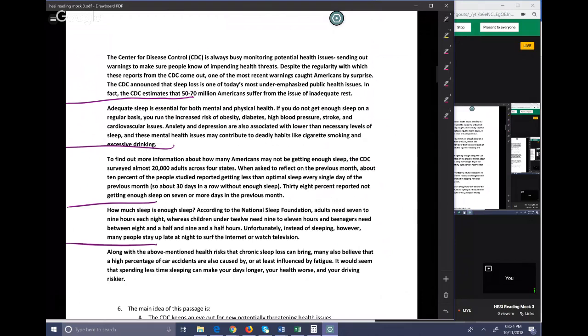I also wrote one of the biggest. So I felt like from reading their intro, I got a little bit of an understanding of who the CDC is, but that's not the main idea. And essentially they said sleep loss is really bad. It really affects a lot of things and it's really common. That was what I gathered out of there. Again, you can word your main idea however you want, as long as you have the critical components in there.